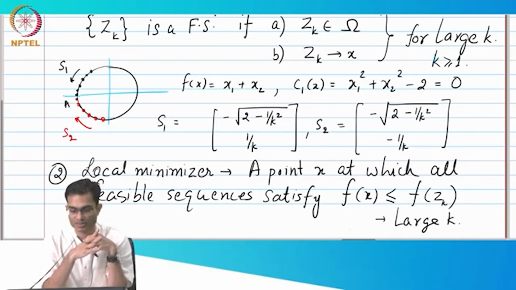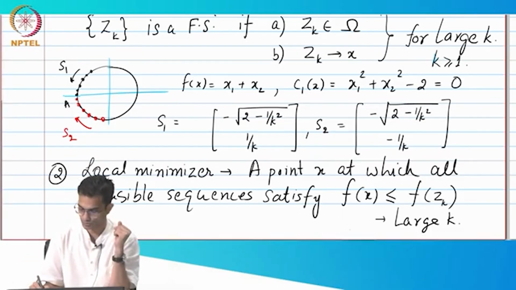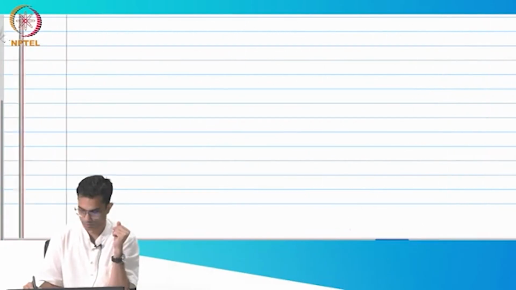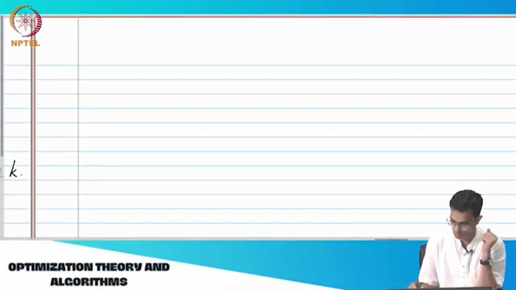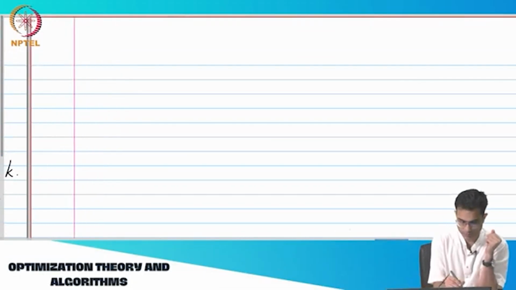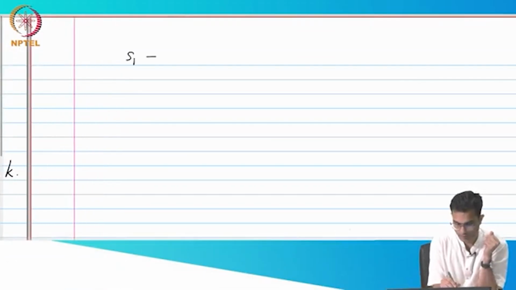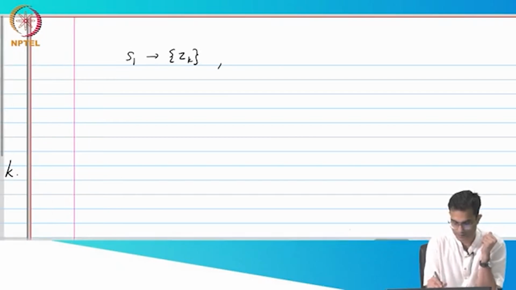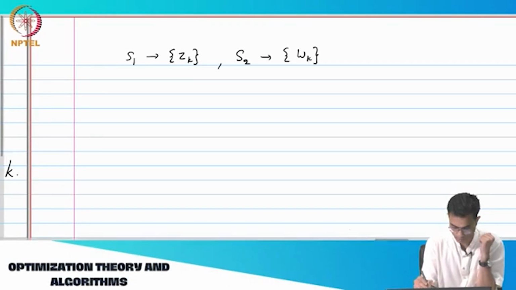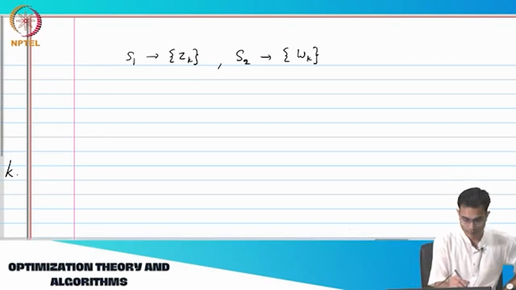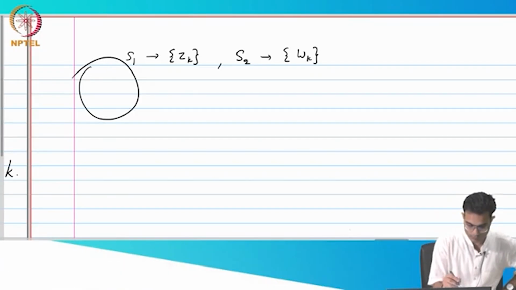So let's take sequence 1, S1. Everyone knows the figure. So sequence S1 has points, let us say, zk, and let's say sequence S2, let's call the points wk.